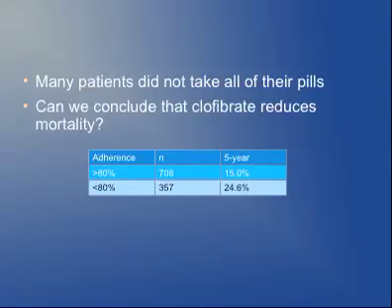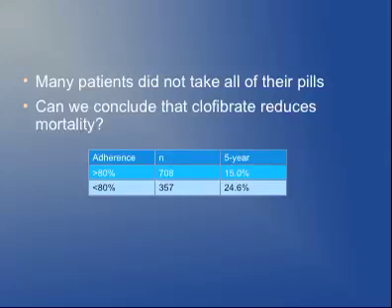And in one of the preliminary trials, a lot of people didn't take all of their pills. And they saw those who took all of the pills, or at least 80% of their pills, had a 5-year mortality rate of 15%, whereas those who took less than 80% of their pills had a significantly higher mortality rate, about 25%.